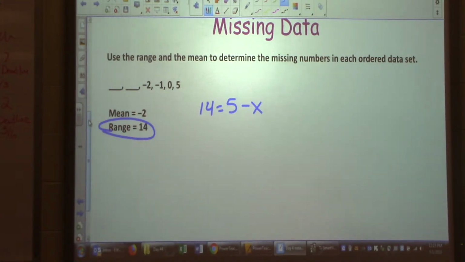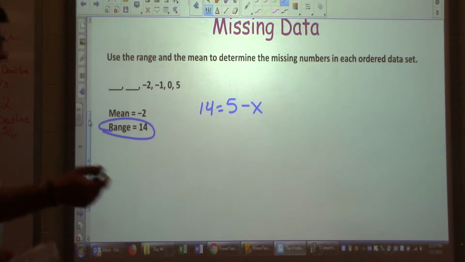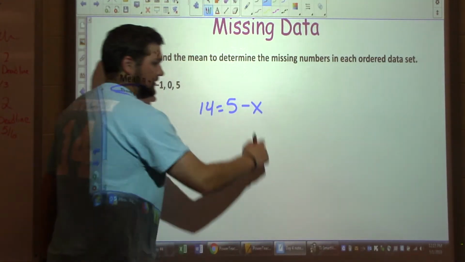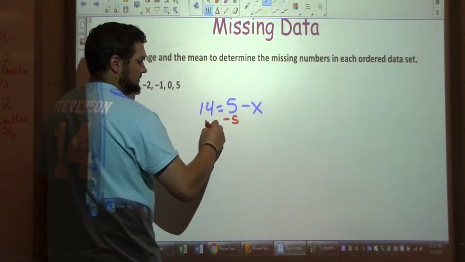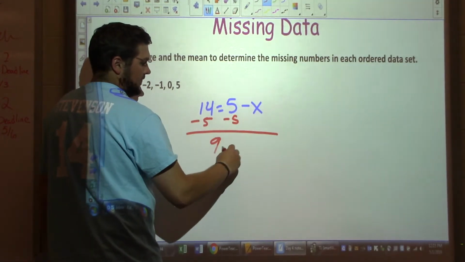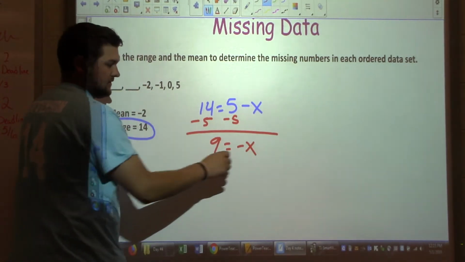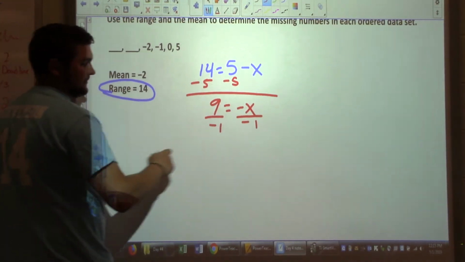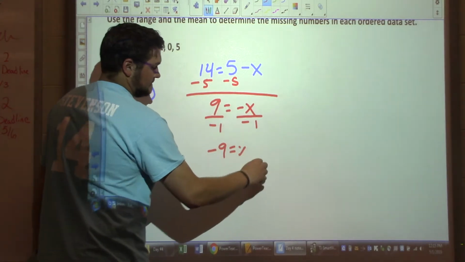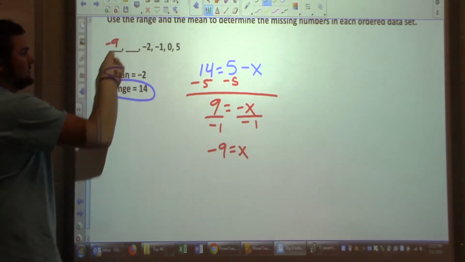Does that make sense? Right? Let's start by finding our x value here. Okay? So let's subtract 5 first. 9 equals -x. Divide by -1 or multiply by -1, whichever you prefer. We get -9 equals x.